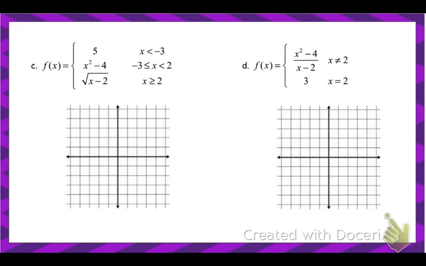All right, a couple more examples. So when x is less than negative 3, I'm graphing the line y equals 5. That is just a horizontal line. So at negative 3, I've got an open circle. And just a horizontal line coming off of it. And that was not a very good horizontal line.